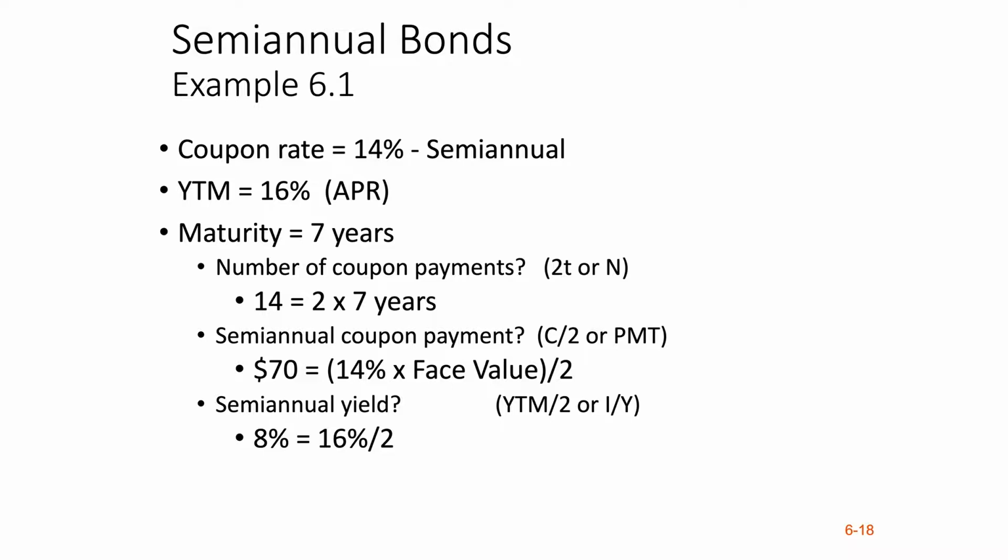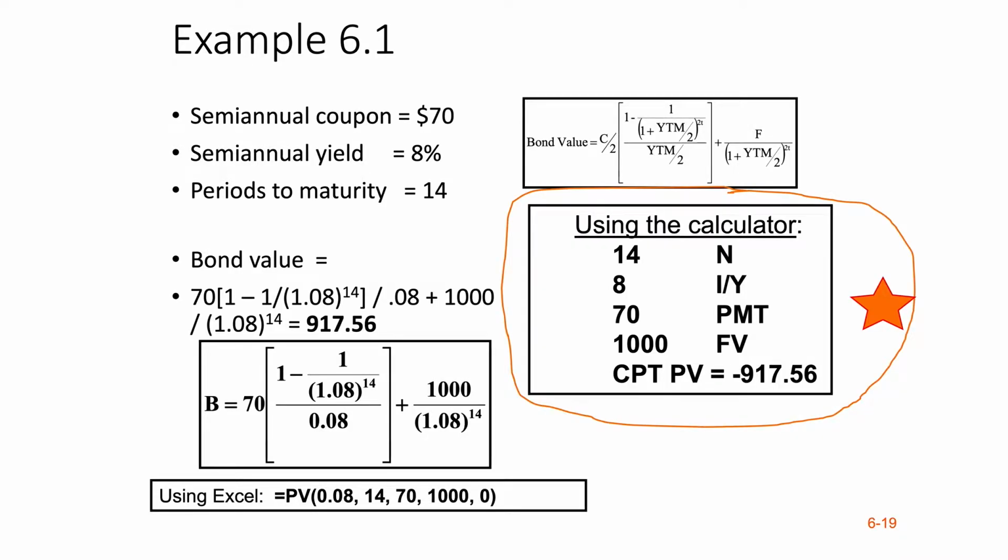How many years are left on this bond? 7 years. Now, first let's figure out, for 7 years, how many coupon payments you will receive. It's 2 times 7. You get 14 as your N.